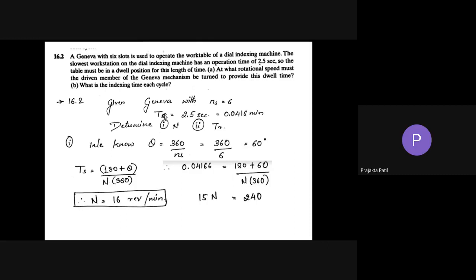Having known what n is, you can now find the indexing time. What is indexing time? TR. So we know the equation, we know the value for theta, we know the value for n.